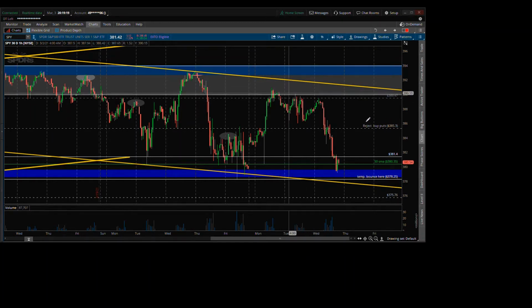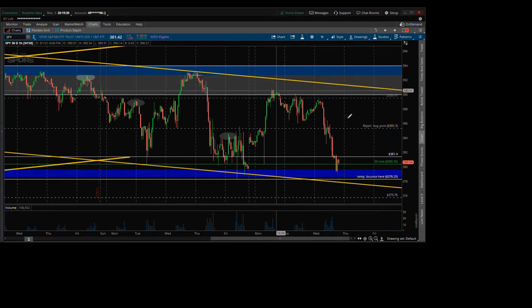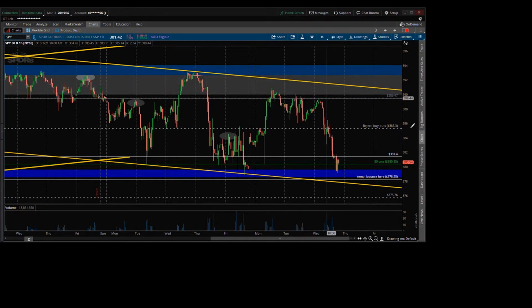So if you were to enter a short around here, because you see that it failed to move above this previous high, and not only that, but you also have a level here. It's rejecting your level.